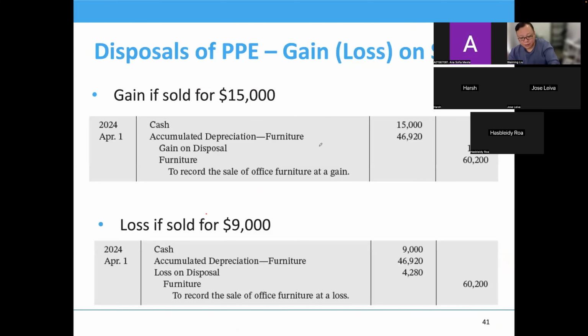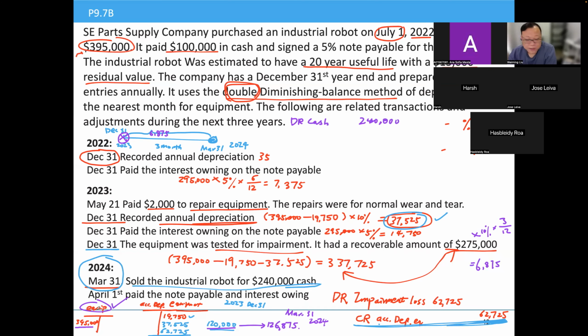How can I close this equipment account? Right now it's a debit balance of 395,000, and I want it to be 0.